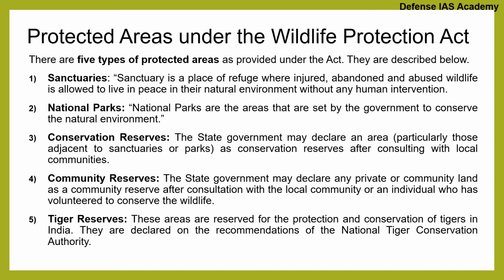Particularly these areas are adjacent to the sanctuaries or the national parks, and it is for the conservation of this particular area. It is declared after consulting with the local communities, and this area adjacent to the sanctuaries and parks is for the protection of wildlife and the flora and fauna.